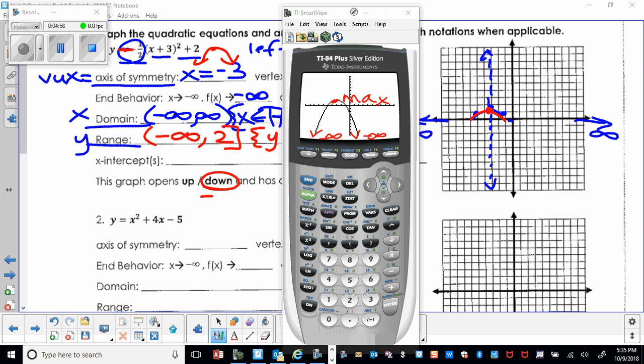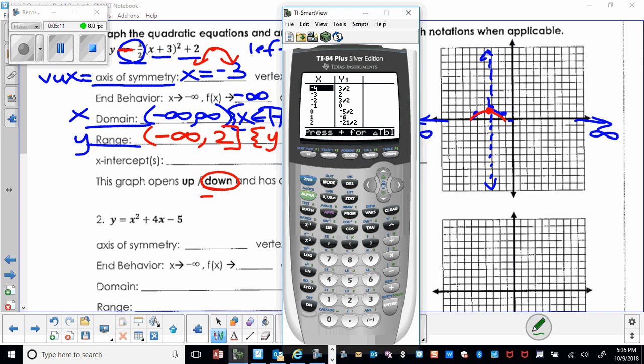So I've got to see exactly what the points are, so I'm going to look at the table. So you go second graph, and I can see now the points that are actually on the table. So I've got -3, 2. So 1, 2, 3. Oh, that was my vertex, right? So I've already got that.